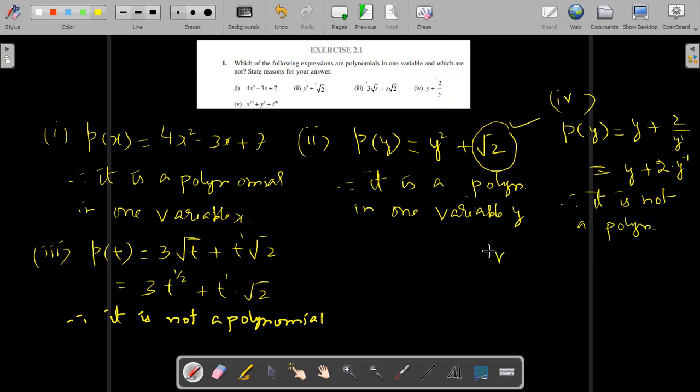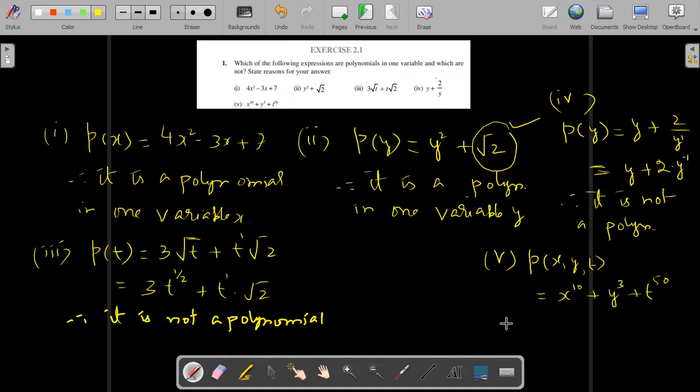And if you see, the fifth one has three variables, x, y, and t. We will write it like this: x raised to power 10 plus y raised to power 3 plus t raised to power 50. It is a polynomial, but it is a polynomial in three variables, not one variable.